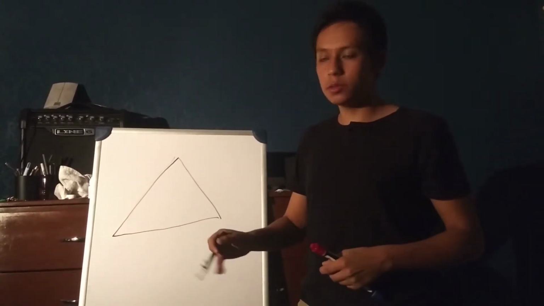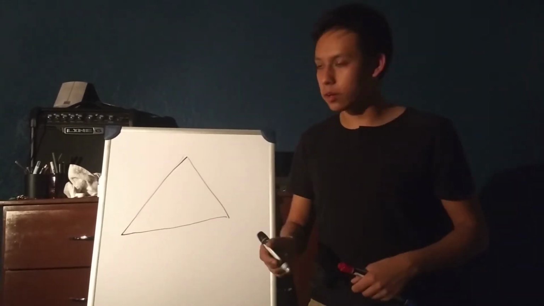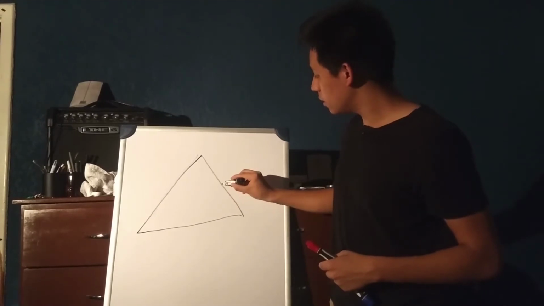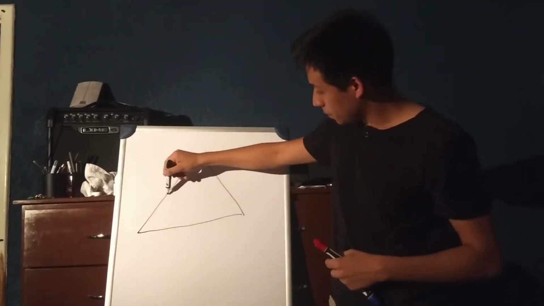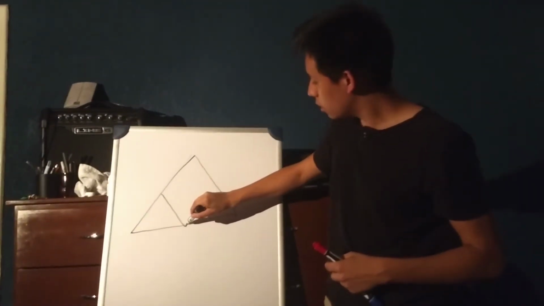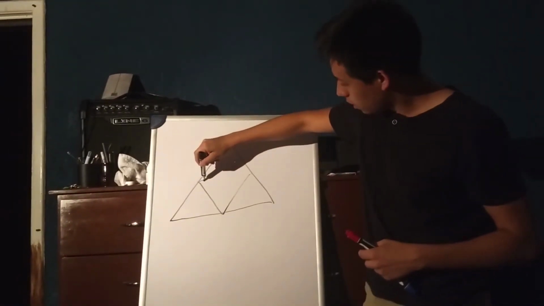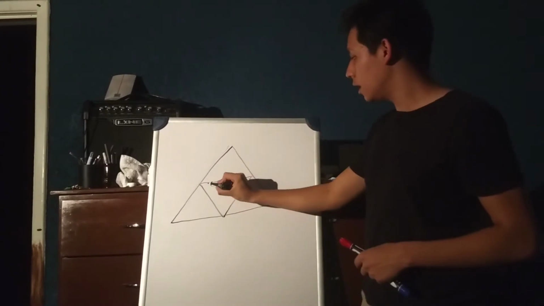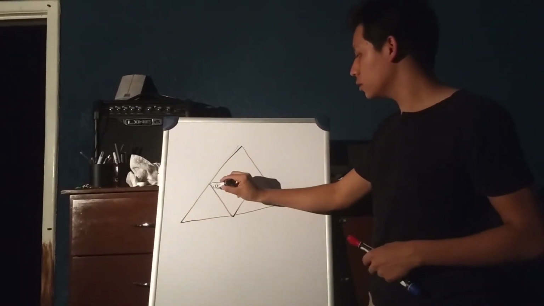And now I'm going to divide this triangle into 4 triangles. How am I going to do this? I'm going to take the half of this line, and I'm going to join these points. And now I have 4 different triangles. And I'm going to take this one out. This is going to be a hollow.